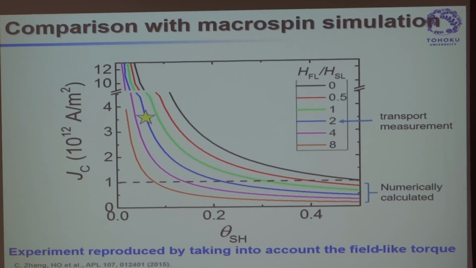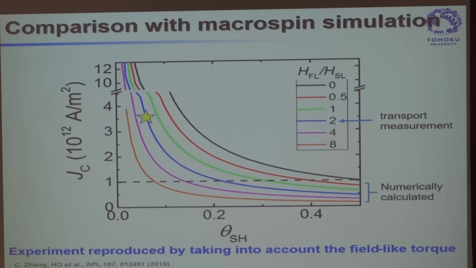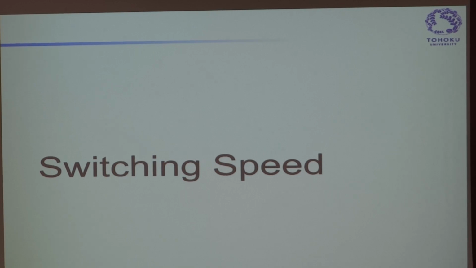So we believe that in order to understand the switching threshold characteristics, or current, we have to include the contribution of this field-like torque.